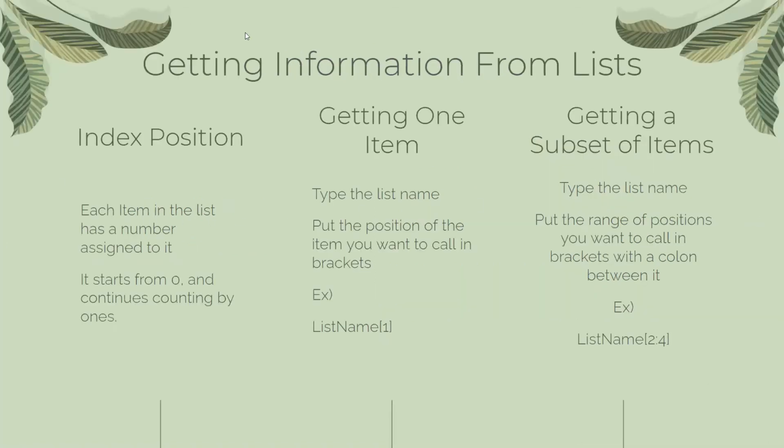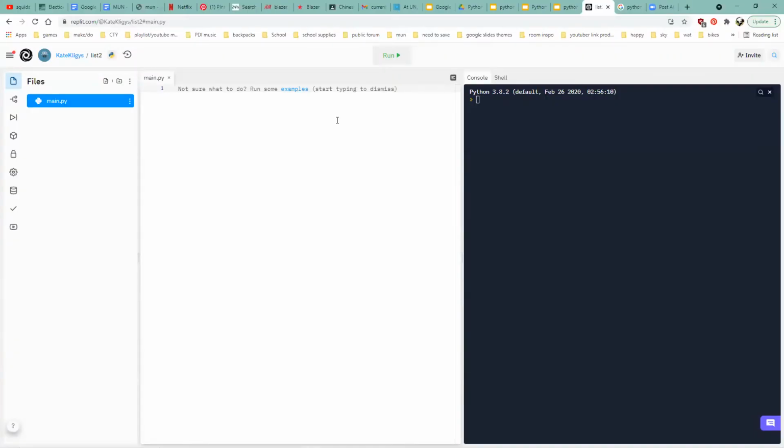Oh wait, I should show an example first. Okay, so here is an example of a list. For example, I have cake_ingredients, then I put a bracket and I put a string: flour, sugar, milk, butter.